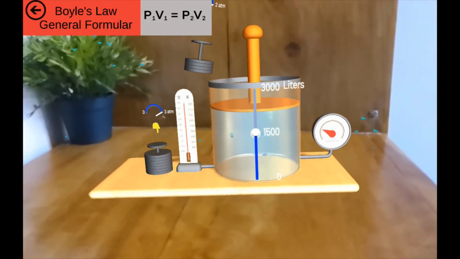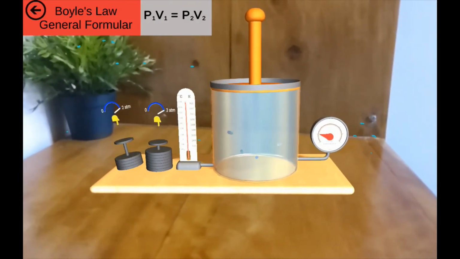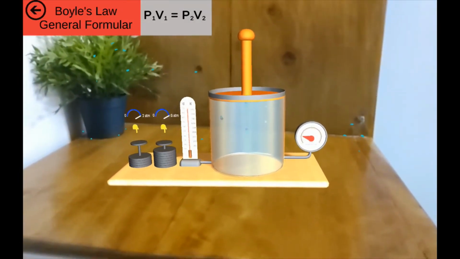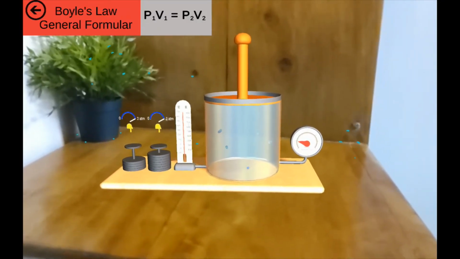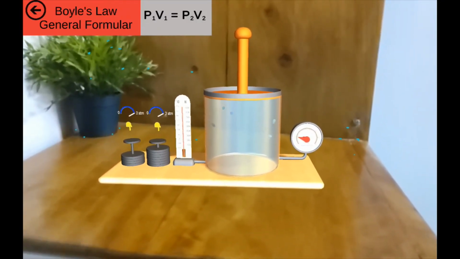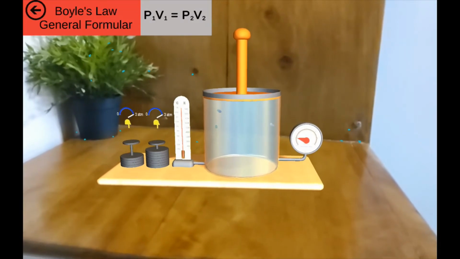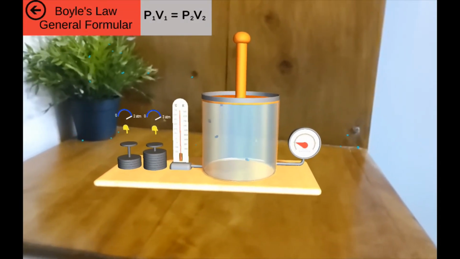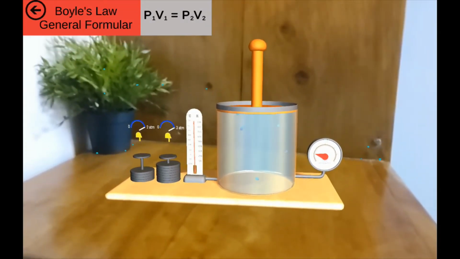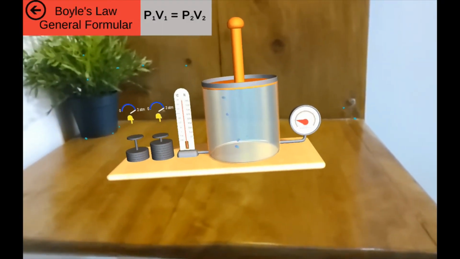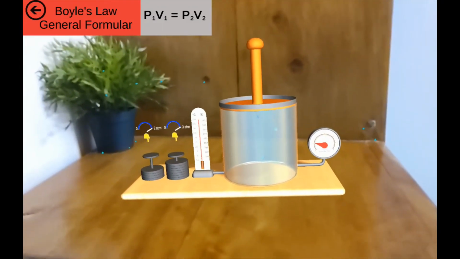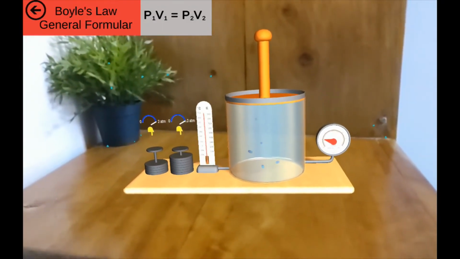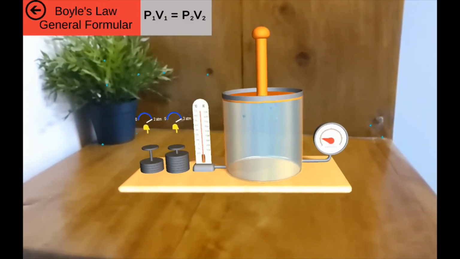Remember your Boyle's law, that when the pressure increases, the volume decreases at a constant temperature? You saw that initially the pressure was 1 atm, but when we kept the weight, the pressure was increased to 2 atm. You also saw that volume before was at 3,000 liters, then it reduced to 1,500 liters.